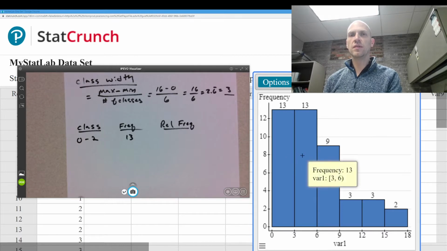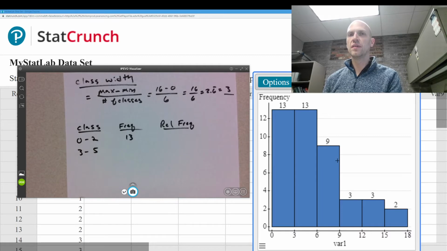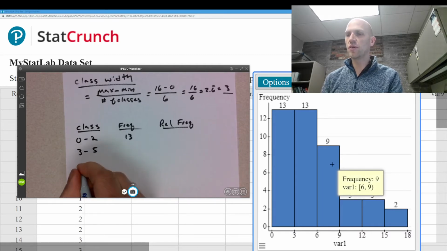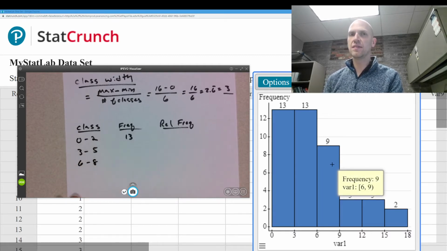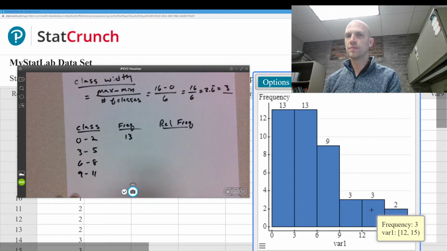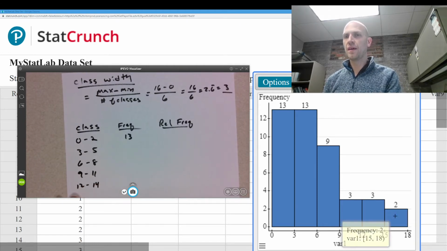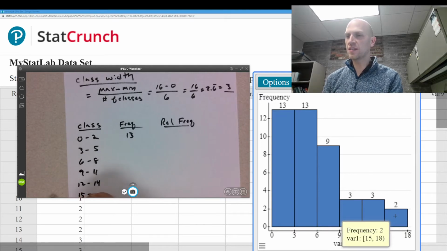The next class is from 3 to 5, the next from 6 to 8, the next from 9 to 11, 12 to 14, and the last class is from 15 to 17.